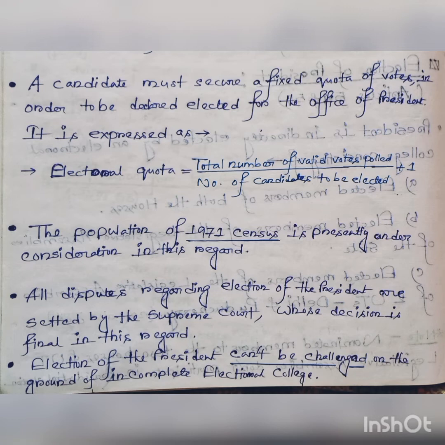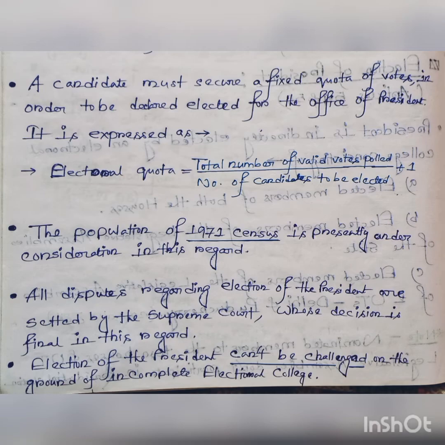Next point, all disputes regarding the election of the President are settled by the Supreme Court, whose decision is final in this regard. Next point, the election of the President cannot be challenged on the ground of incompleteness of the electoral college.